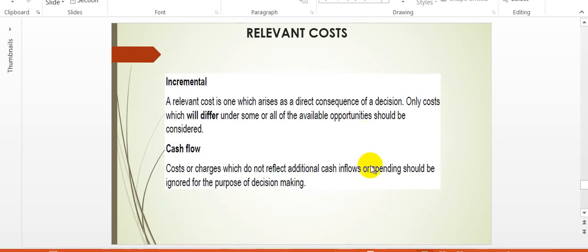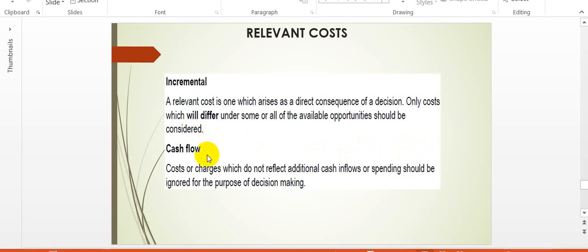Another relevant cost is an incremental cost. An incremental cost is a relevant cost which arises as a direct consequence of a decision. So only costs which will differ under some or all of the available opportunities should be considered.